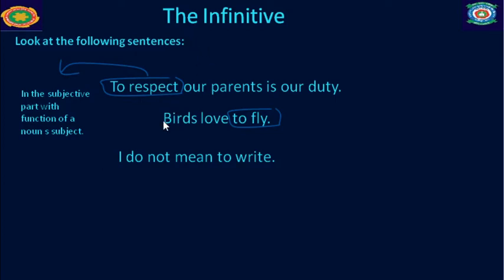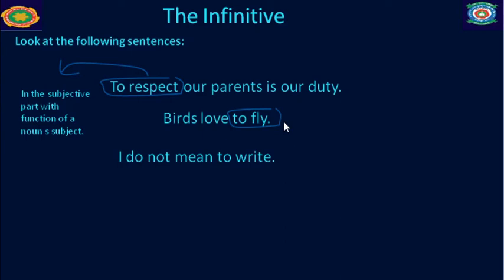Okay. Next, birds love to fly. In the first sentence we have seen to respect in the subjective part, but in the second sentence you can see to fly. That means the infinitive is used after the verb, in the objective part.